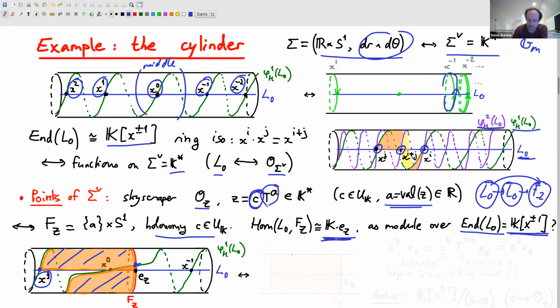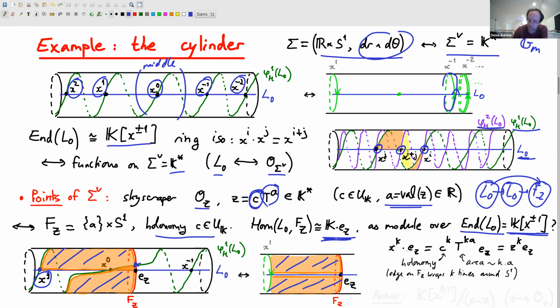Another way to picture this, if I don't perturb my Lagrangians, is I multiply a chord near infinity with E sub z to get back to E sub z, and then the map looks like just this portion of cylinder that ends at F sub z. Either way, we have to figure out things about, okay, so there's a holonomy contribution and there's an area contribution.